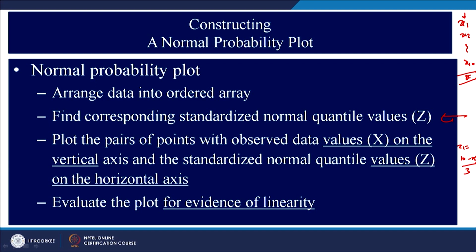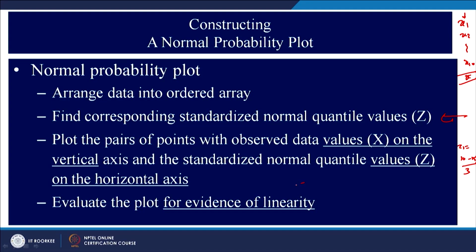Okay. So, plot the pairs of points observed. In other words, let me put it this way: plot x values on the vertical axis and z values on the horizontal axis. If you see a straight line, then it would be a normally distributed data set. We evaluate the plot for evidence of linearity.